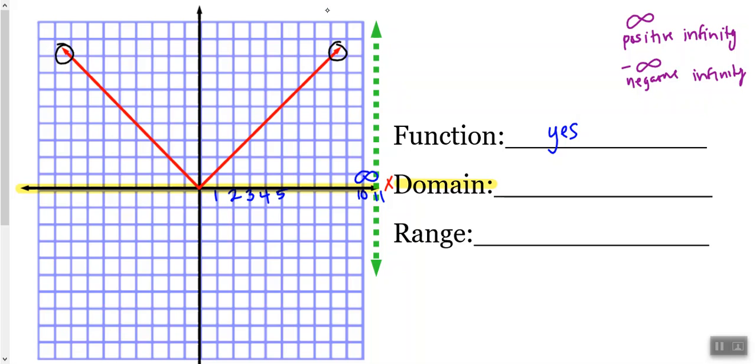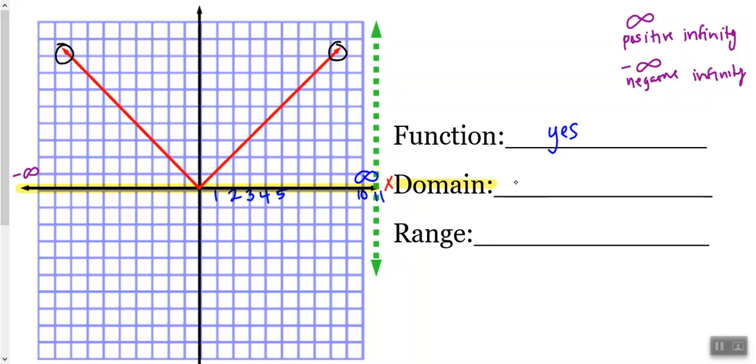Well, these arrows mean it's going to keep going to the left and it's going to keep going to the right. So since it's going to keep going to the left forever, I'm labeling my negative infinity to the left because of all of my negative numbers. So that means this graph is going to go to negative infinity and to positive infinity.